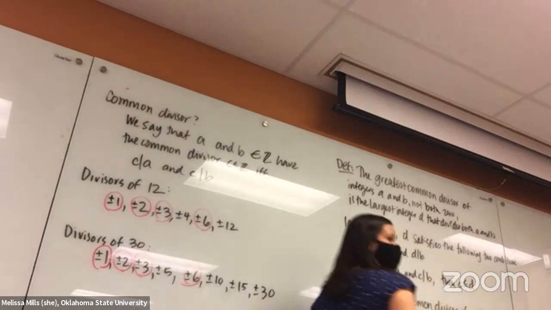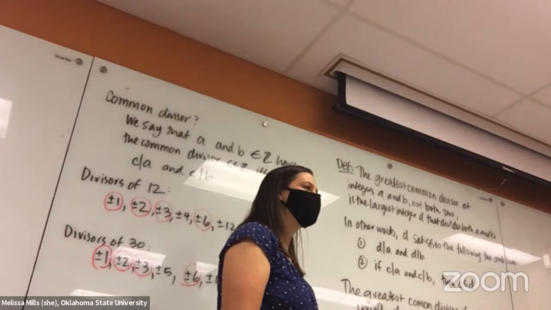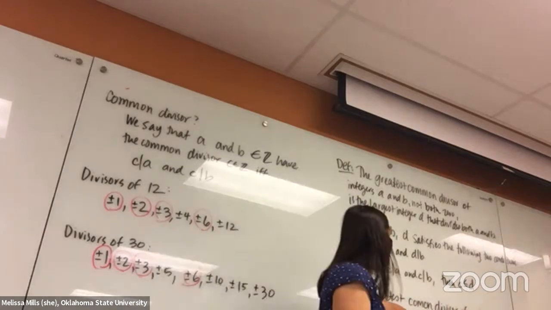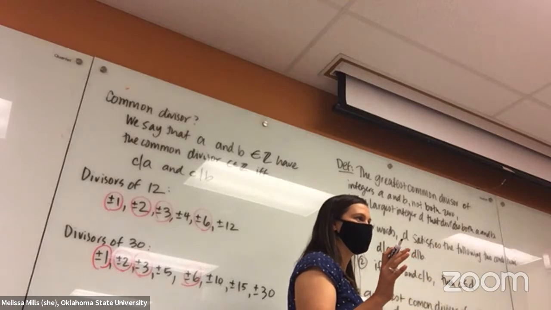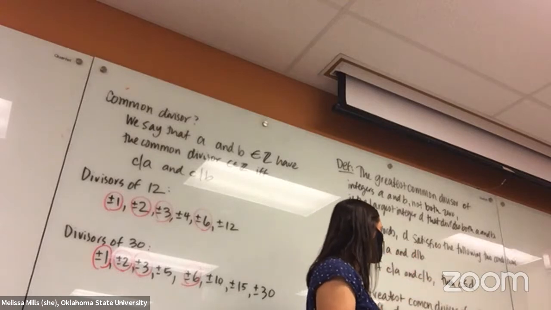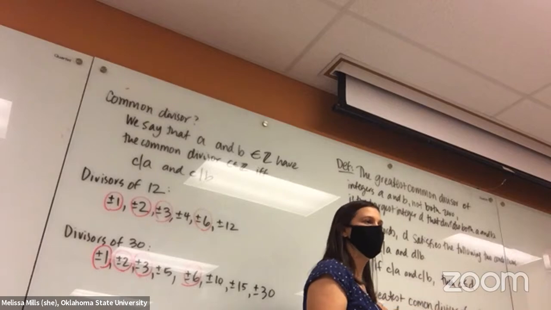So here's another place in mathematics where we denote things that look like that. What are all the things that we denote this way? Points in a Cartesian plane, like an ordered pair of points. What else? A set, like an interval. Yeah. And now the GCD.